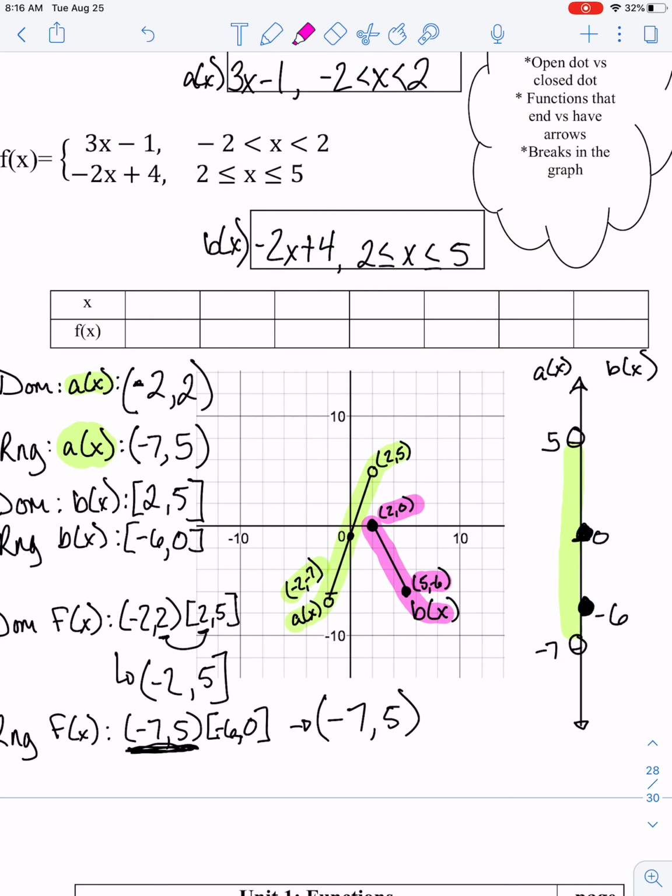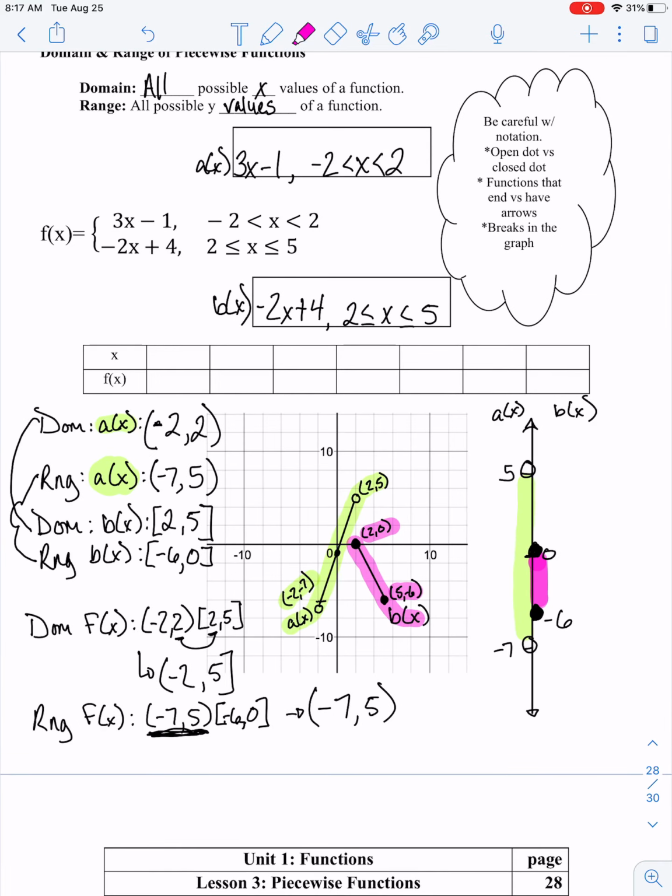And then sticking with my color scheme, I know my range is in between here. And again, you just want to pick your domain or range that's shaded, right? Your biggest pieces that are shaded. And that's all I have for domain and range of piecewise functions.